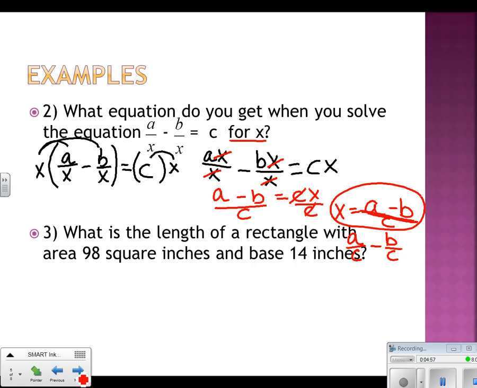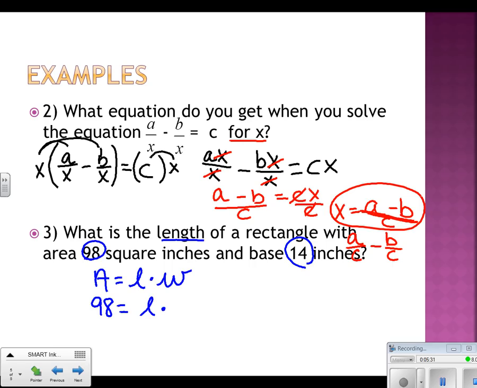What is the length of a rectangle with the area of 98 square inches and the base is 14 inches? So we know that area of a rectangle is length times the width. And it says that the area is 98, so I'm going to replace the A with 98. Then it says that our base is 14, and we're looking for the length.